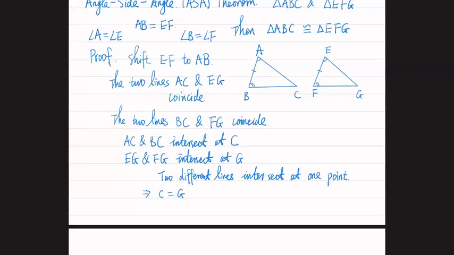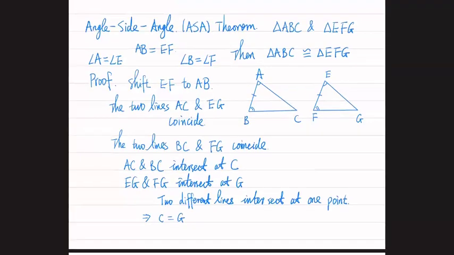Question. How come sometimes you use equal, but other times you use congruent? It depends on what we are talking about. Are we talking about the geometric object, the triangle, or the measurements: how large this angle is, how long the side is?